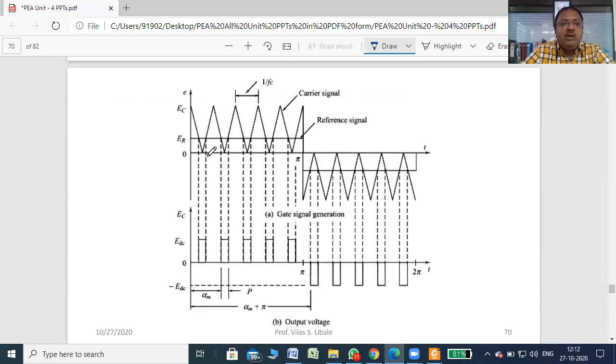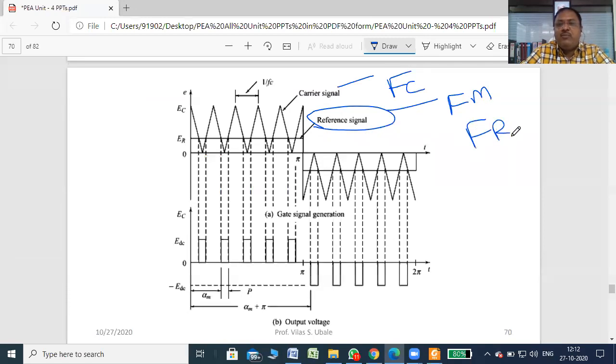Now here, multiple pulses are obtained during a single half cycle of your reference signal. You can say modulated signal and carrier signal. This is called fm and this is called fc. fm or fr, both are the same.